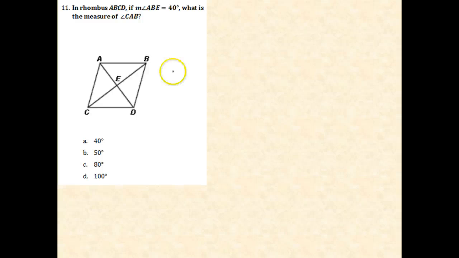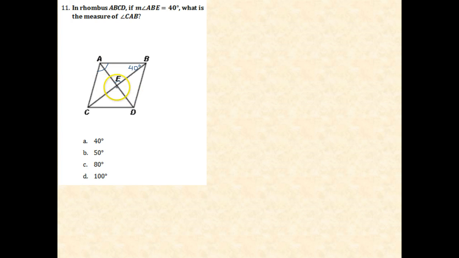In rhombus ABCD, if the measure of angle ABE is 40 degrees, what is the measure of CAB? So what is the measure of that big guy if ABE is 40? Well, I remember that the diagonals of a rhombus are perpendicular.